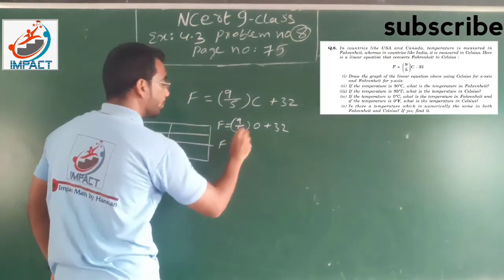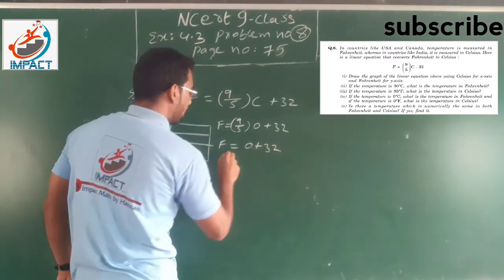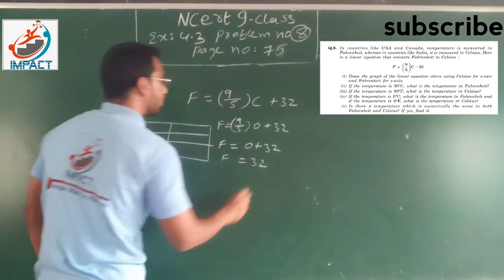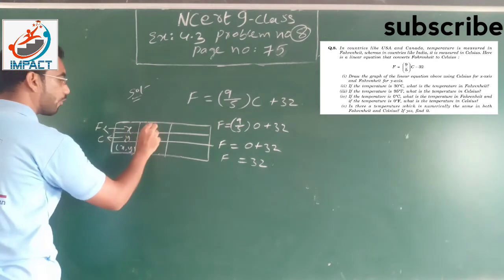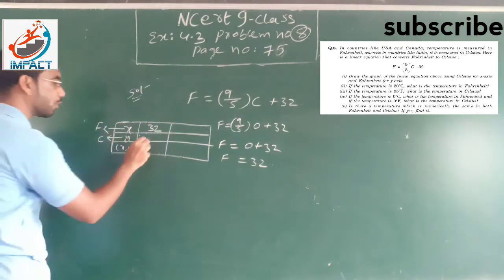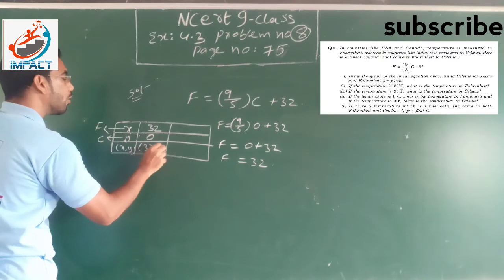F is equal to 0 plus 32, so F is equal to 32. What we have taken at the place of x is F, 32, and y is 0. It will be 32 comma 0.